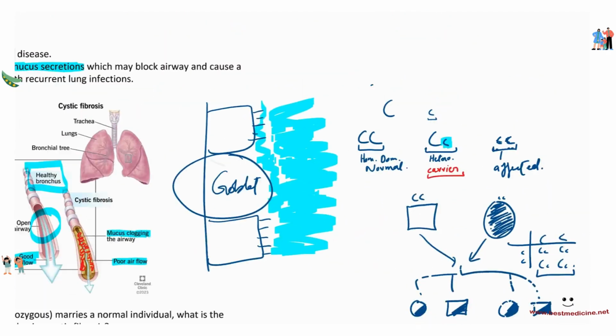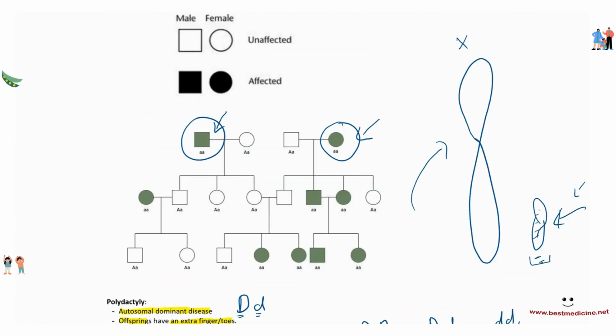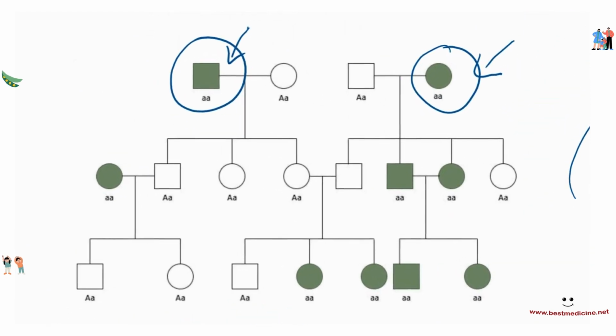So maybe we can look at the family tree that we saw earlier and work with this. Okay, so let's assume that we're talking about cystic fibrosis. If we're talking about cystic fibrosis, then this one here, even though they've given us the carrier genotype, it's an autosomal recessive disease, because this person is affected, but this person is not. This is a carrier, so this should be half shaded.